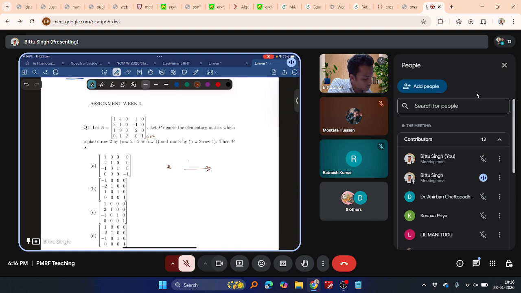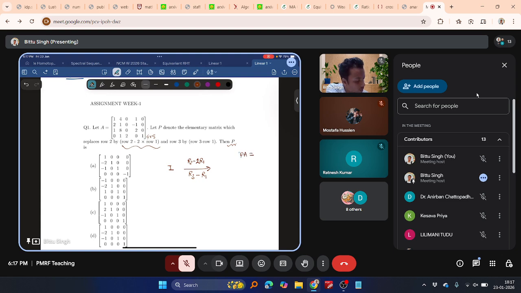So we are changing row 2 by row 2 minus 2 times R1, and row 3 by row 3 minus R1. So instead of performing on A, we can perform on the identity matrix, because we need to see the matrix P. We need to find the matrix P such that P times A equals this new matrix.